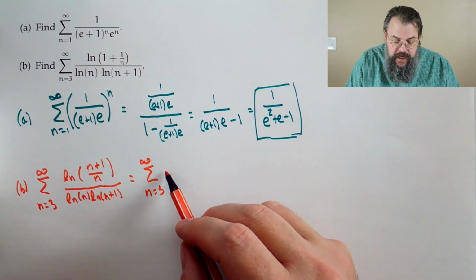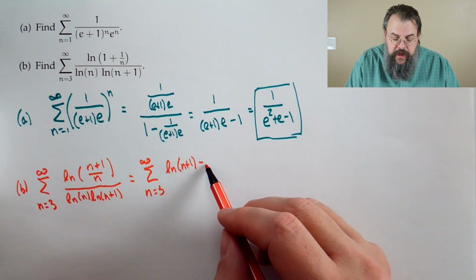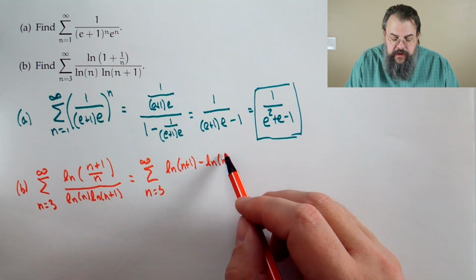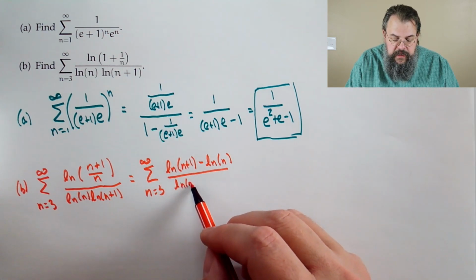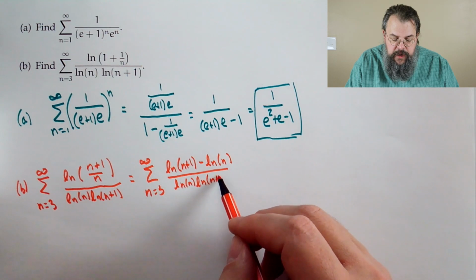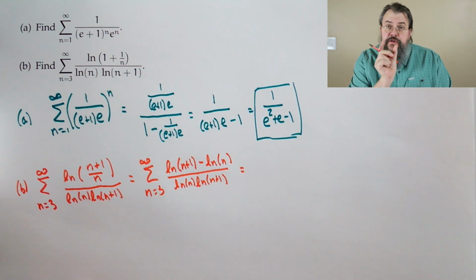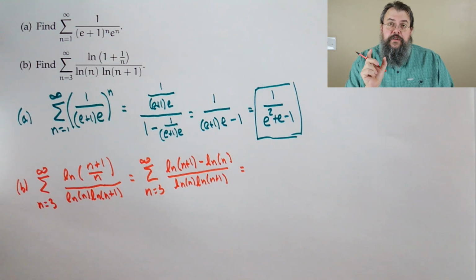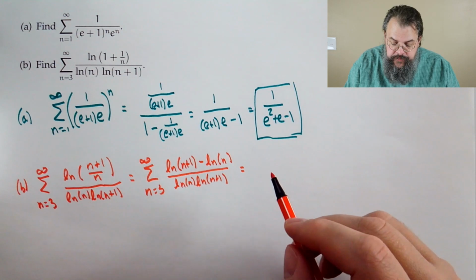In particular, it says, hey, I can rewrite the top as a subtraction: log of n plus 1 minus log of n, divided by log of n times log of n plus 1. And now, let's pull it apart into two terms, because when we think telescoping, it's something minus something that's been offset.